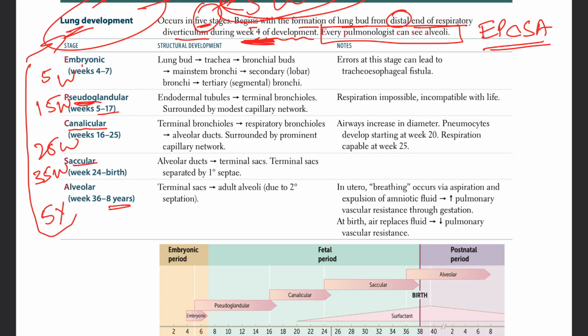Lung development occurs in 5 stages, and the mnemonic is every pulmonologist can see alveoli. It occurs at week 4 of development, or you can just think about 4 or 5, somewhere around that.